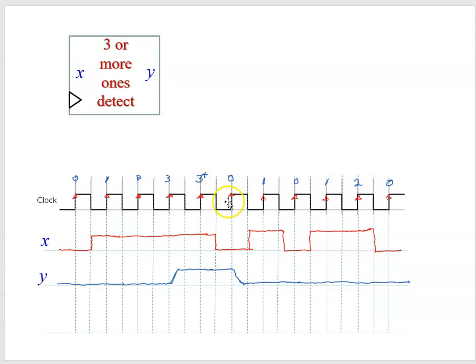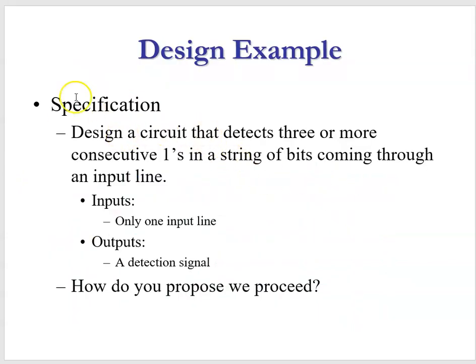And then the next edge it goes low, so since X is low, our Y needs to go low. We no longer have 3 or more. And then if we get a 1, we can start our count again, but if that goes to 0, we need to go back to 0, because the key was it said 3 or more consecutive ones, so this consecutive ones is what we have to consider.